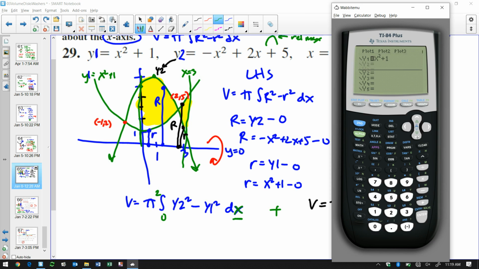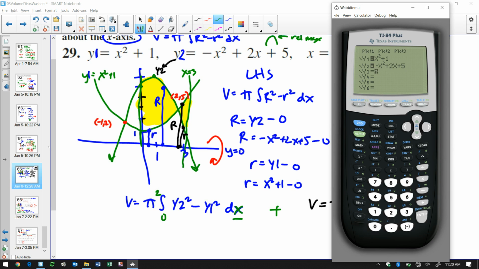And y2, I'm going to stow that as negative x squared plus 2x plus 5. Since I've defined these as y1 and y2, when I call them up on my calculator, I can just use the vars button.